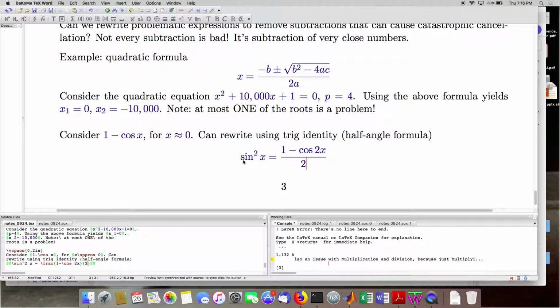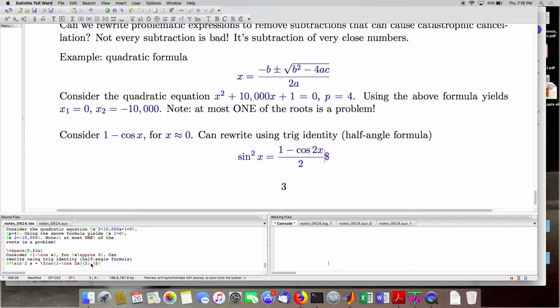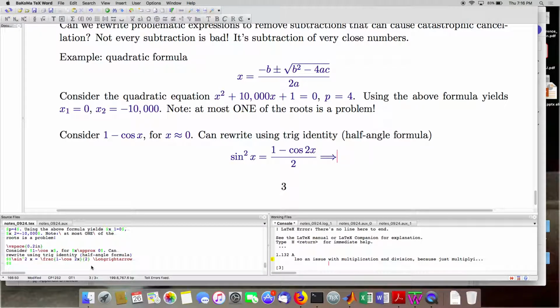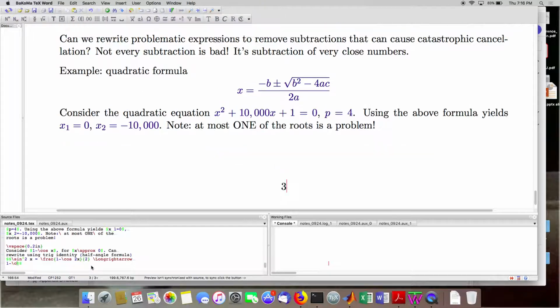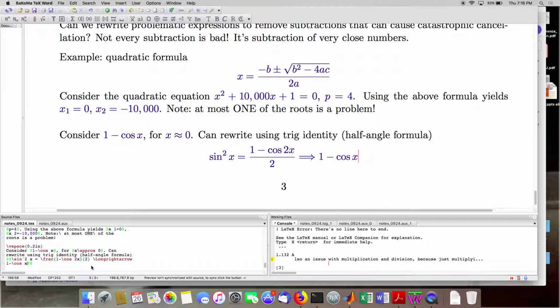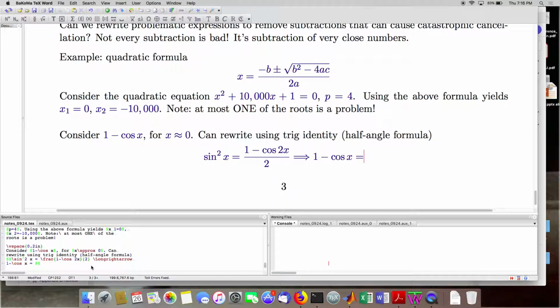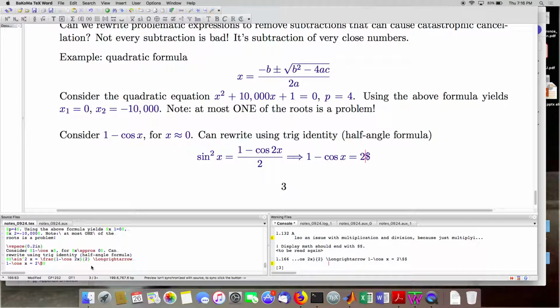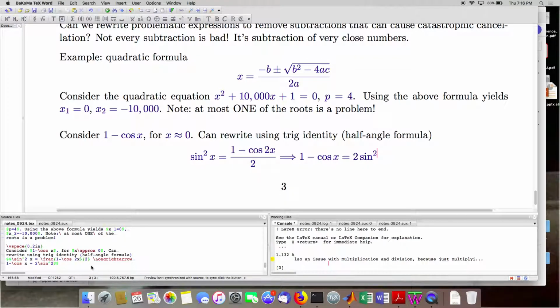So what that means is 1 minus cosine x can be written as 2 sine squared x over 2.